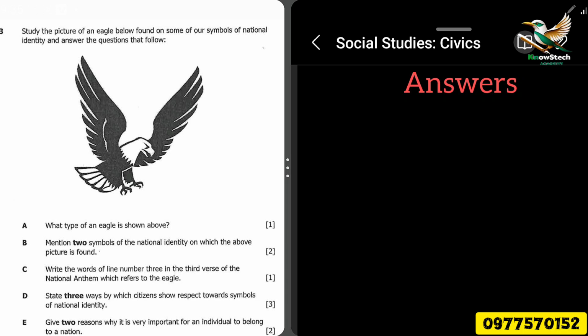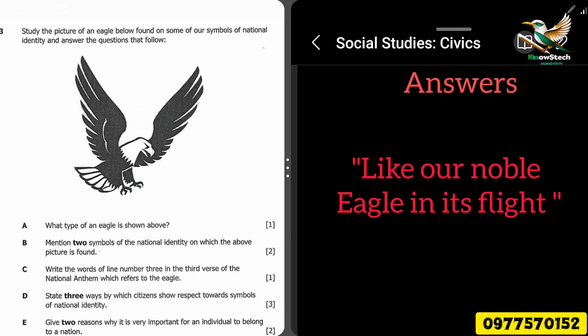Write the words in line number 3 in the third verse of the national anthem which refers to the eagle. Okay, so the line is: noble eagle, like our noble eagle in its flight.